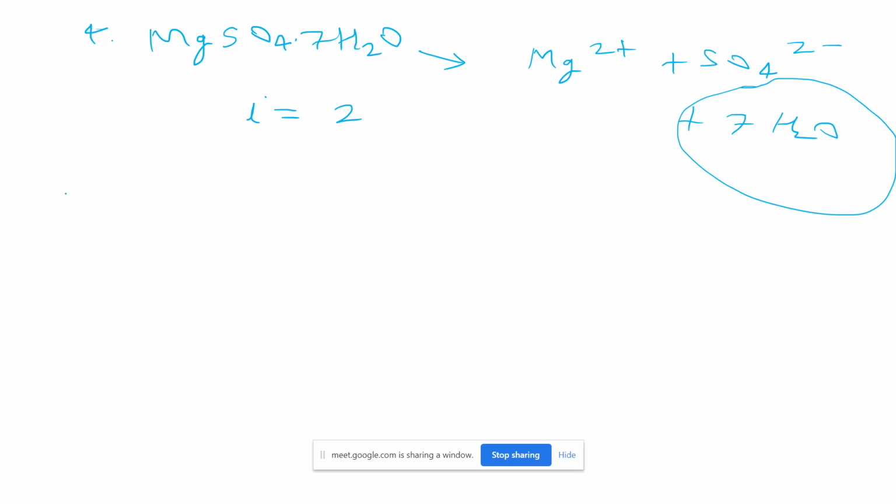Now I'm giving some more examples to you. For these you have to calculate the value of i. Calculate the van't Hoff factor here.